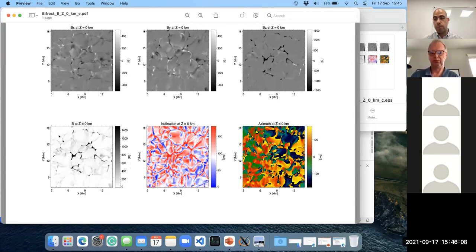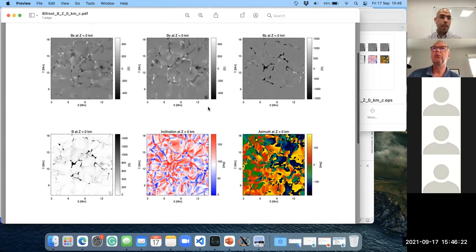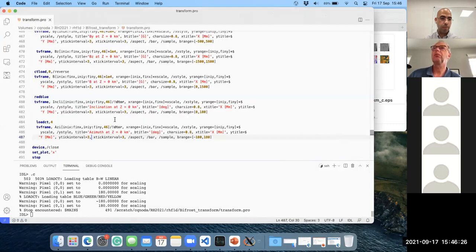Okay, and then the azimuth, in my case, it's always difficult to make sense of it. But if I see something like this, I would say that it looks okay, with this pattern that is complex. So it looks like the transformation was correct, and we can continue.